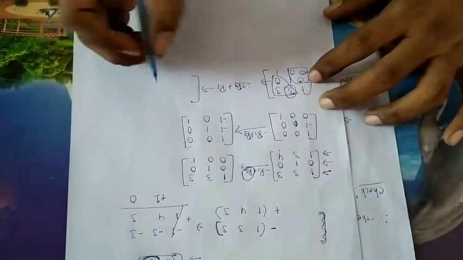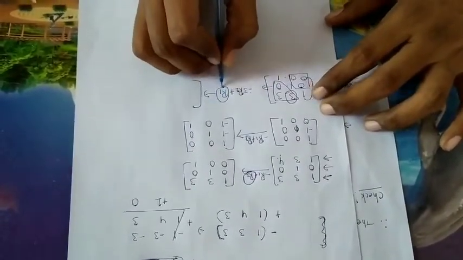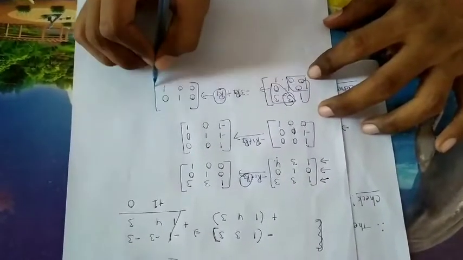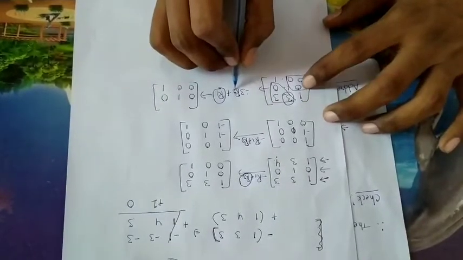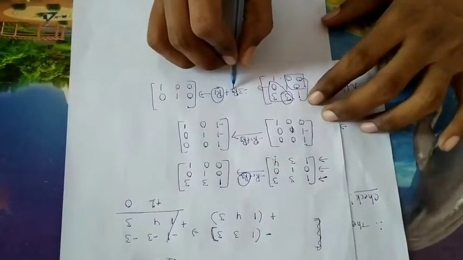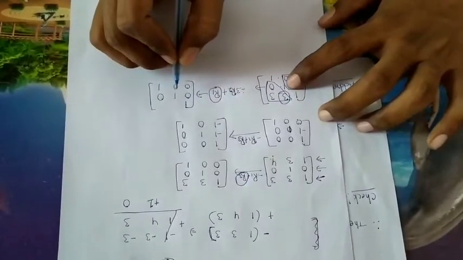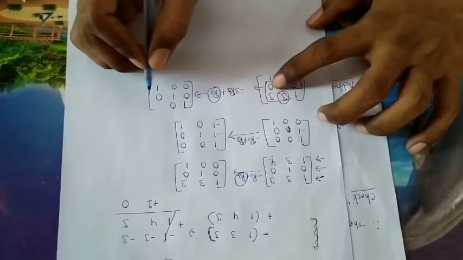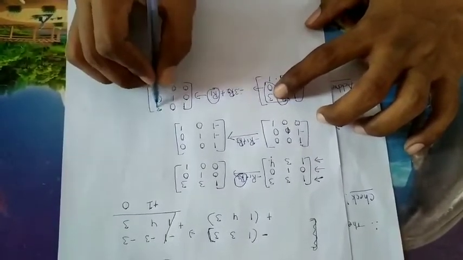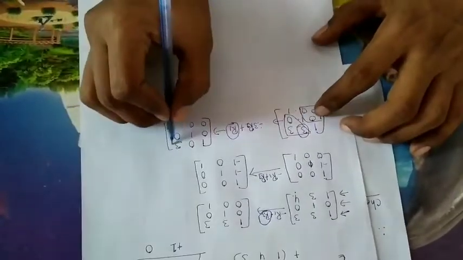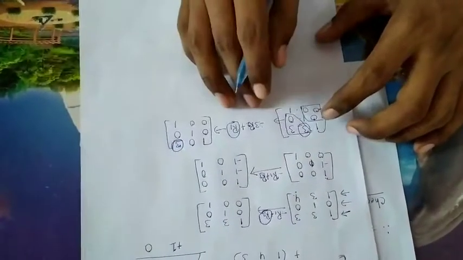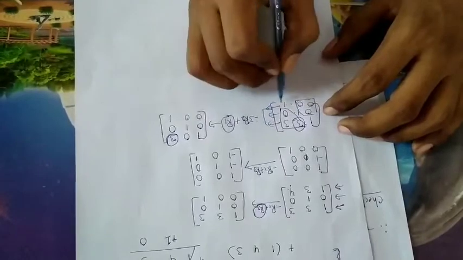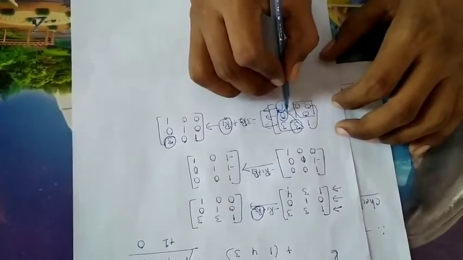I am performing the operation on r1. So r2 and r3 stay the same, and the first row becomes 3 times r2: 3 into 0 is 0, minus 3 plus 3 becomes 0, 3 into 1 is 3, and 0 plus 3 equals 3. Now I transform these values into 0. I use the third row, because the third row has a value 1, but the second row has a value 0.